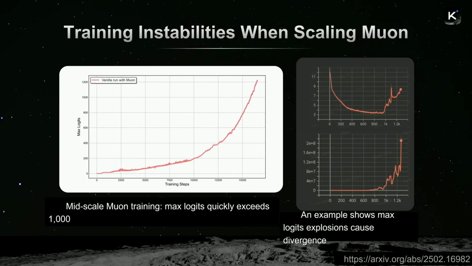The typical values for training for this max logit are about 50 or maybe less than 100. But for Muon, it quickly exceeds 1,000. At the same time, we observe training divergence. If you look at the training loss, it goes down a bit, but then at the end of the day, it explodes, and it cannot converge as expected. So this is one of the technical challenges that we have to address.